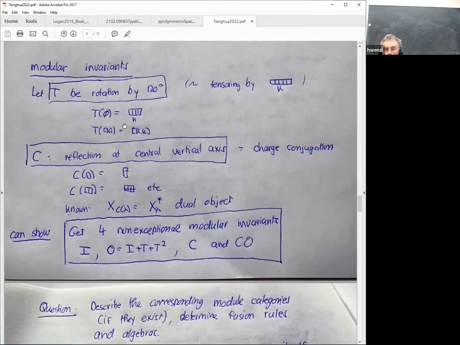I use C because this is usually called charge conjugation in the physics literature. And of course, if O and C commute with the modular action, then also CO commutes. And it's not hard to check that this also satisfies the condition that the (0,0) entry is 1.